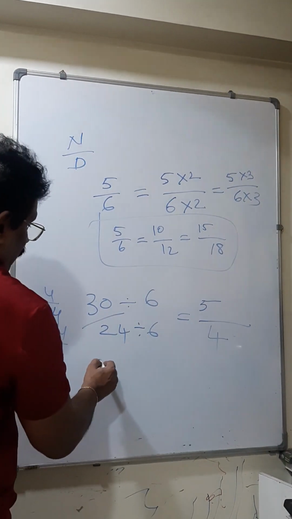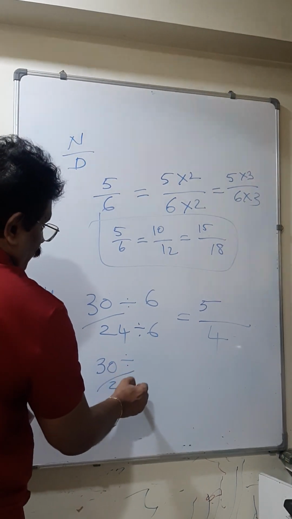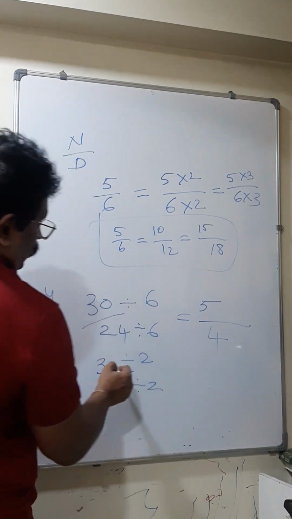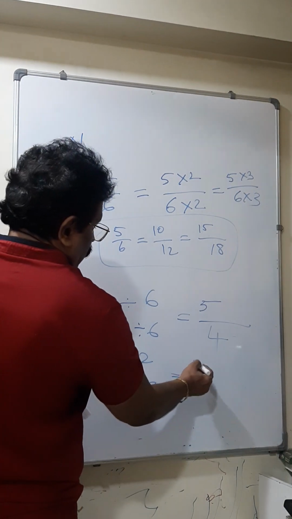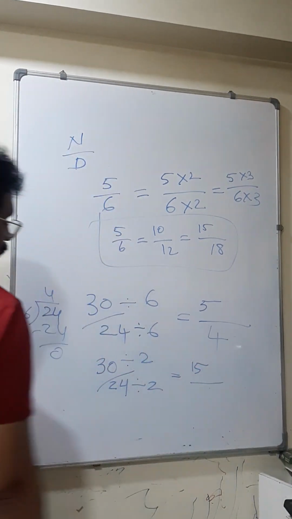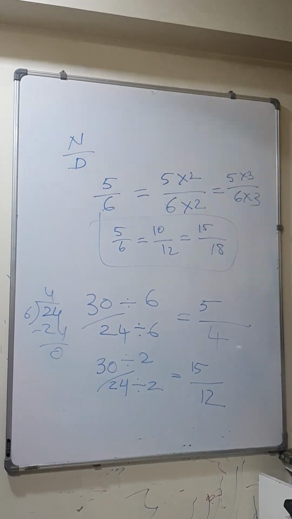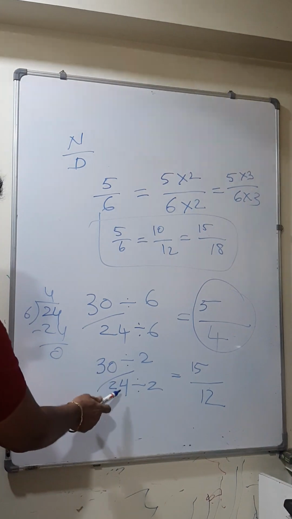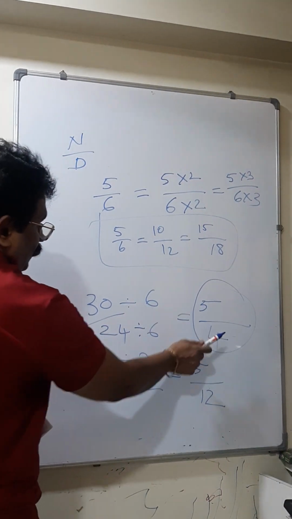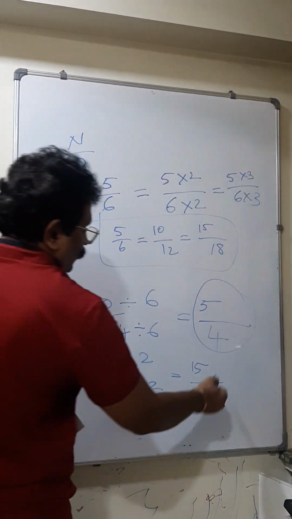I can divide it by some other number also. 30 by 24, I can divide by 2 also, because both are even numbers. 2 जाएगा ही जाएगा दोनों में. So 30 divided by 2 is what? 15. 24 divided by 2 is what? 12. So, see, I have so many numbers here. One is 5 by 4: 30 by 24, if I divide by 6, I got 5 by 4. 30 by 24 ko, if I divide by 2 on both the sides, numerator and denominator, I get 15 by 12.